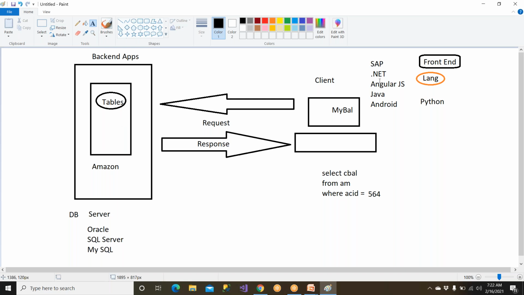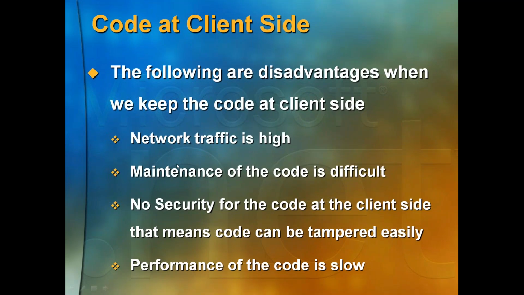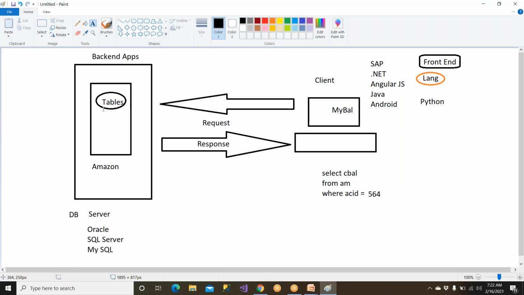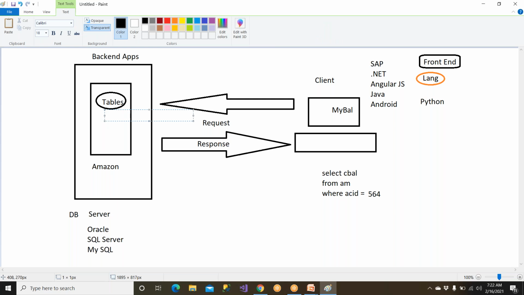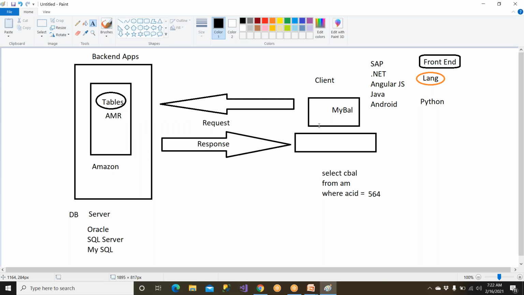So as part of Java.NET, AngularJS, network traffic is too high, and maintenance of the code is very, very difficult. Tomorrow you change the table name. The table name was earlier account master. Now the table name has been changed, it is AMR table. When you change the table name, you have a lot of ATMs, and in all ATMs you have to reinstall the new applications because the old application has the old name.